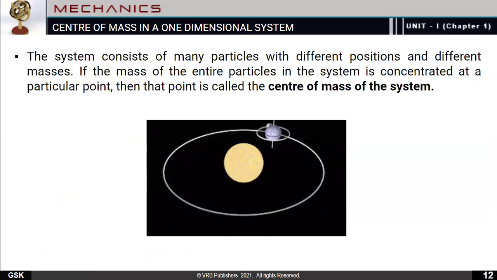Our planetary system works according to the center of mass, because our nine planets have different masses and different positions, but all can be treated as concentrated at a particular point. That point is called the center of mass of the system.